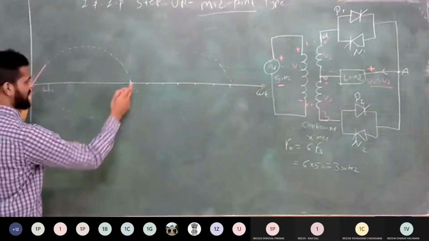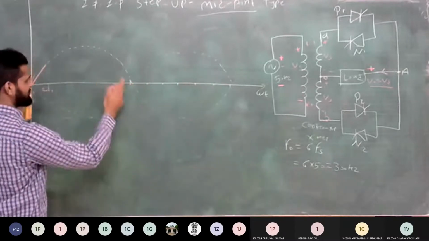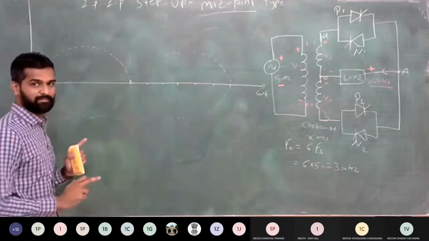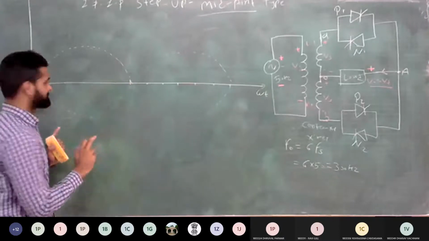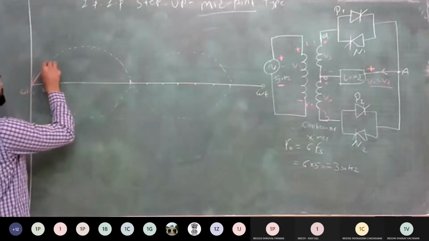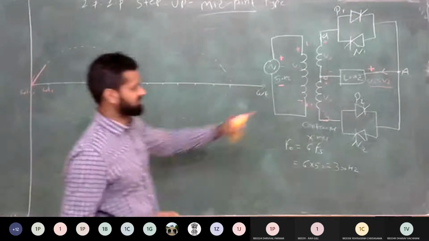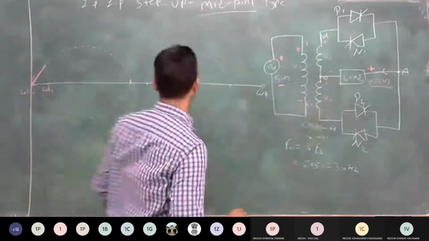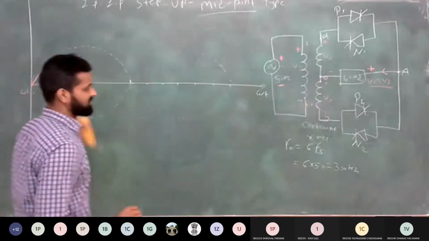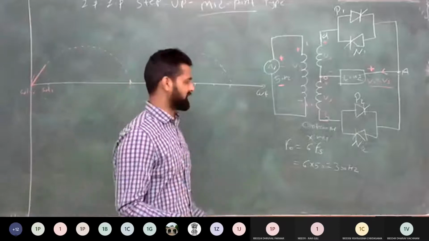It means what? In half cycle of supply, 3 cycles must be completed at the output side. Clear? So up to this point, omega t1, I will turn on this P1, and thereafter, after omega t1, I require the negative output voltage.